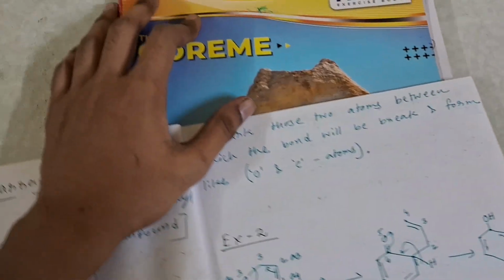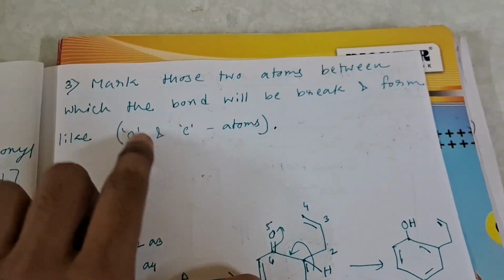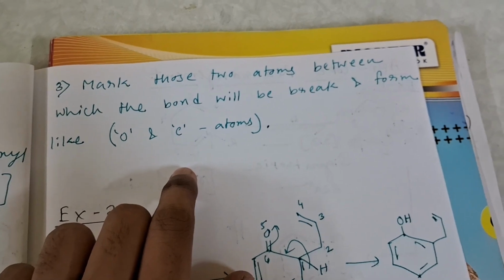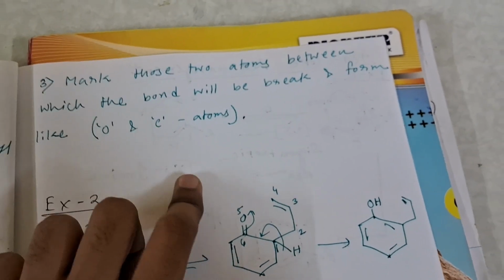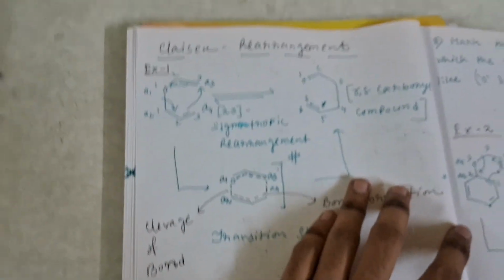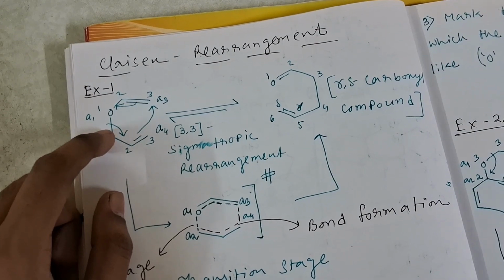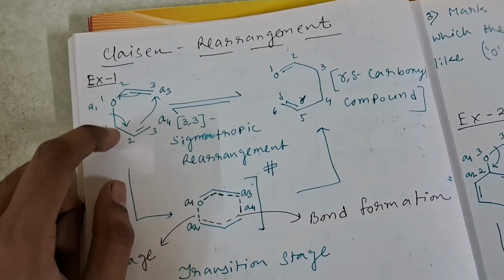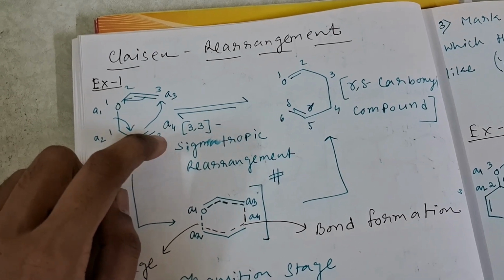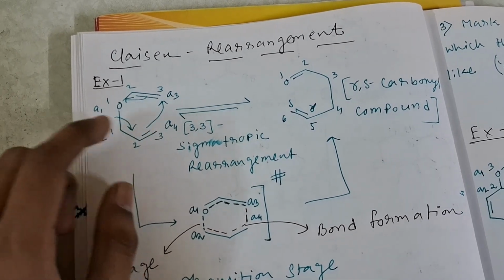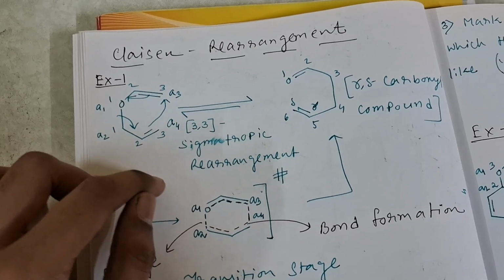Now another important thing, that is to mark those two atoms between which the bond will break and formation will take place. Since the bond will break, here I have shown you the single bond breaking between oxygen and carbon atom, and another single bond formation takes place between two carbon atoms, and this formation and breaking take place gradually at the same time and to the same extent.